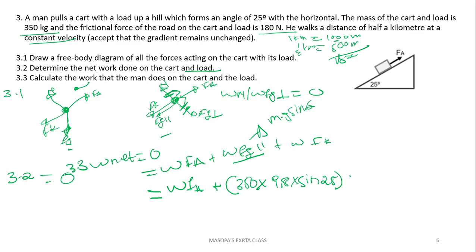Then multiply by 500, which is your delta x, and cos of 180, close bracket.